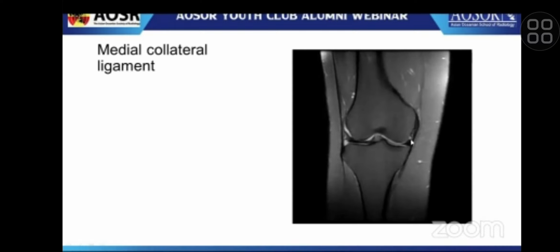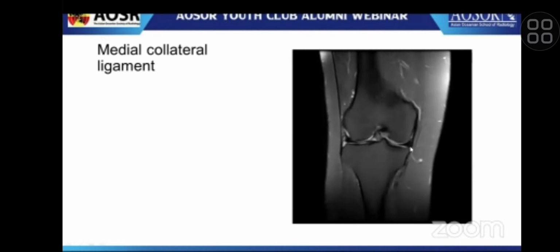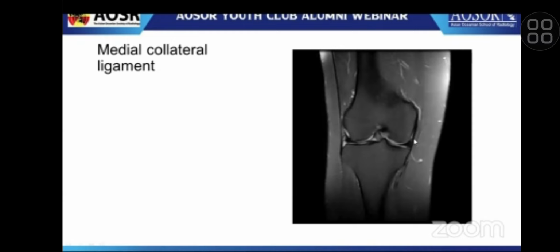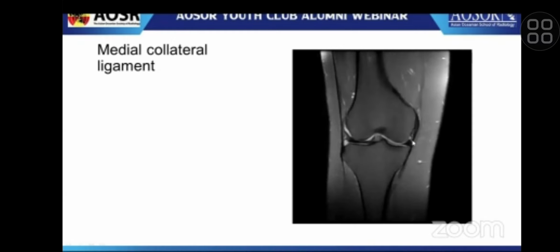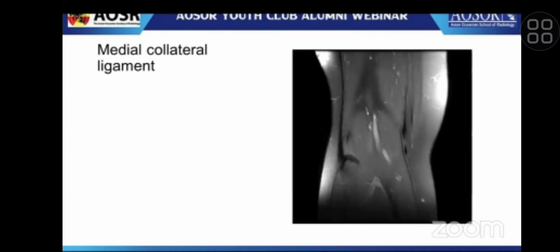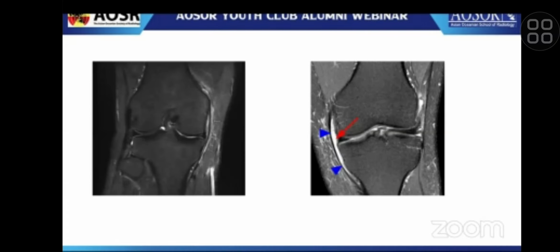First is meniscofemoral, and second one is meniscotibial. As we see, the medial collateral ligament is tightly attached to the capsule and the meniscus, so it's less mobile and more susceptible to injury than the lateral collateral ligament.